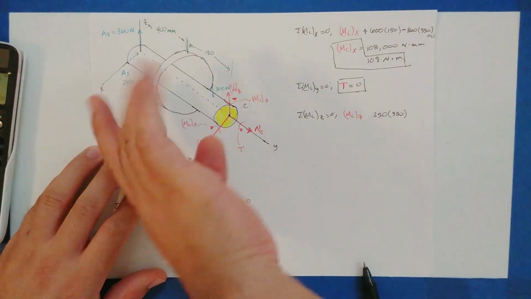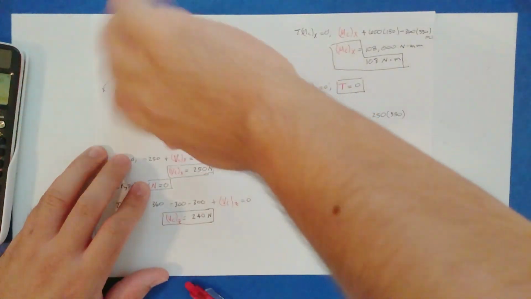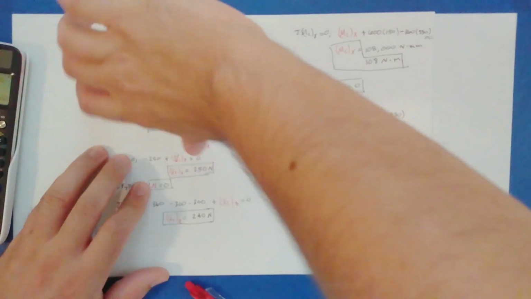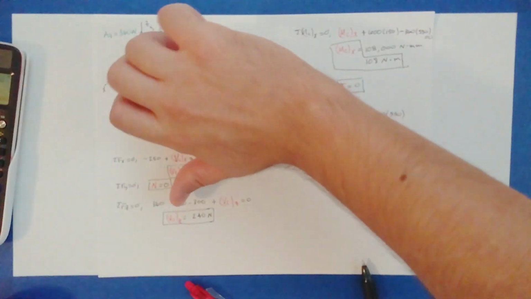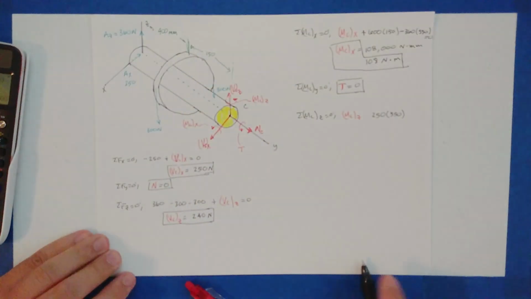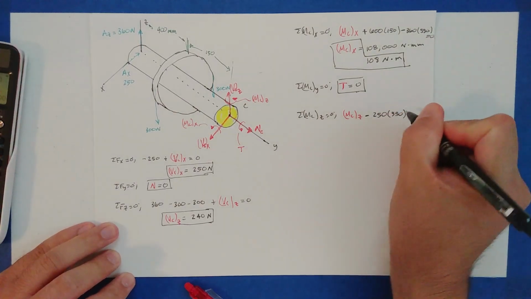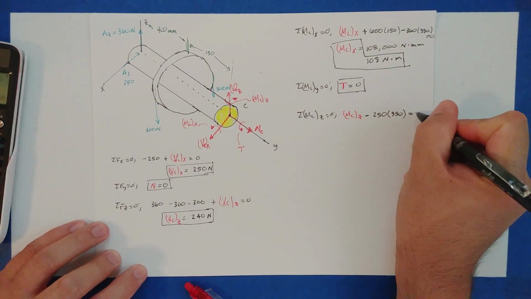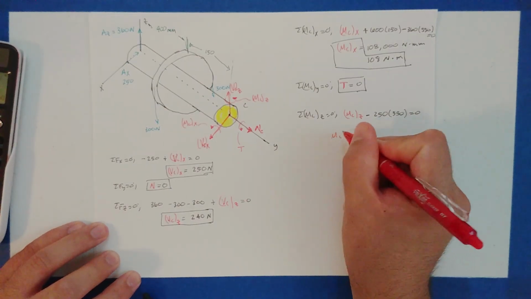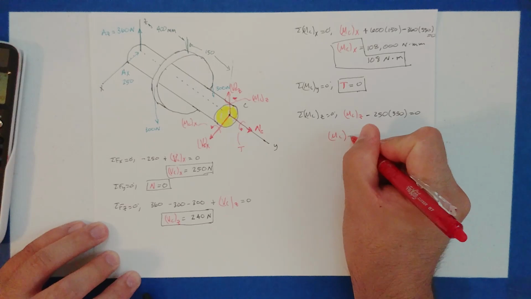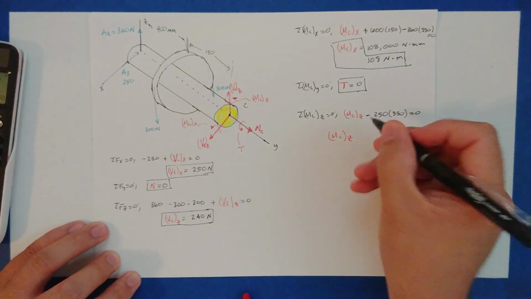Well, let's look. If we're pushing that way with the right hand, that would cause a rotation like so. I don't know if you can see it, sorry. It's pushing that way. So the thumb is pointing down, that's in the negative z. So that's a negative moment. There's nothing else, so the sum of all of that must be equal to 0. So we can solve for that internal moment at point C about the z-axis.